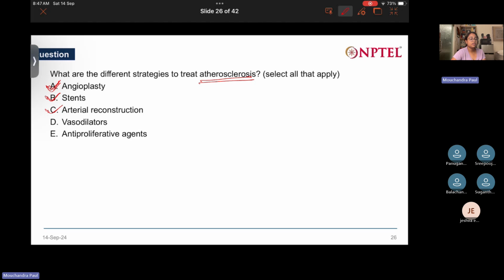So we are replacing the entire area with a better blood vessel lumen from the body.